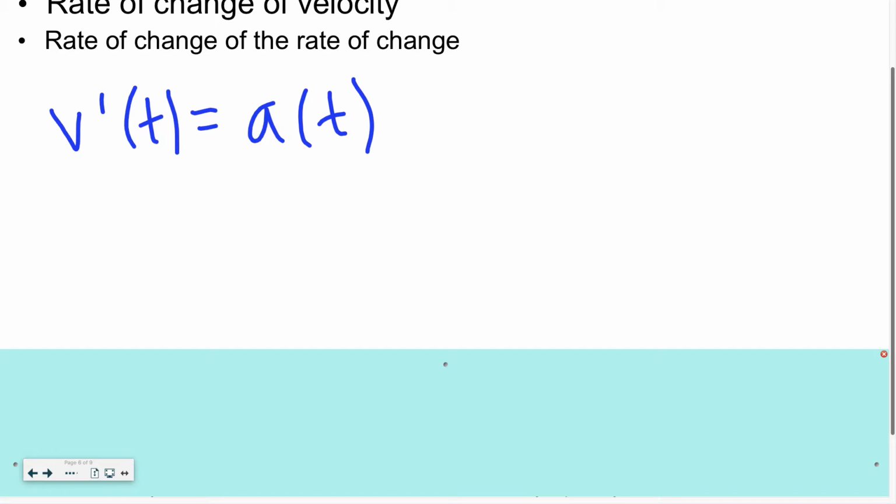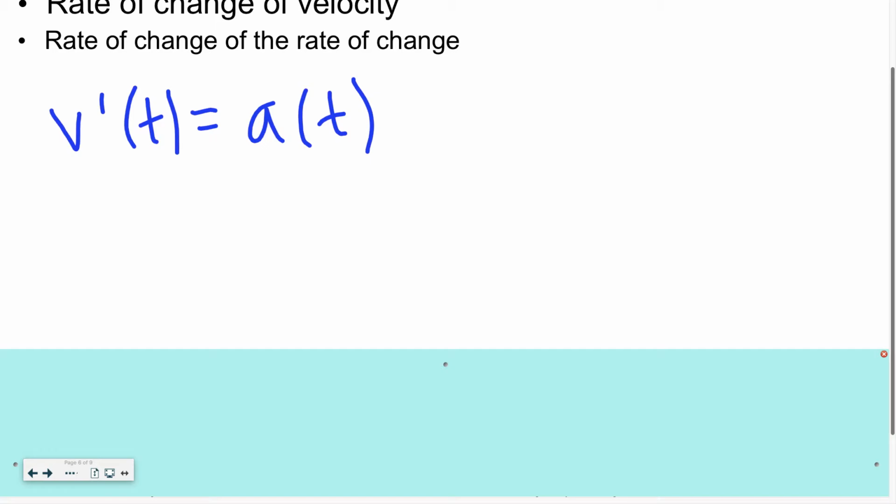So acceleration is not the only factor. Acceleration could be positive or negative. Velocity could be positive or negative. So if I want to be speeding up and I have positive velocity, what needs to be true about my acceleration? It also needs to be positive.